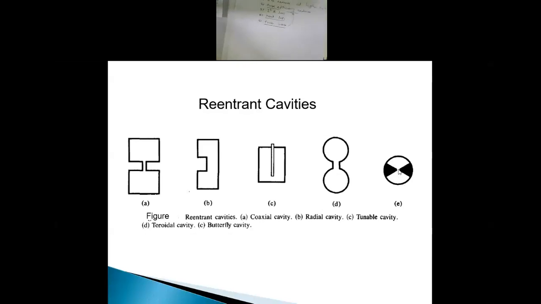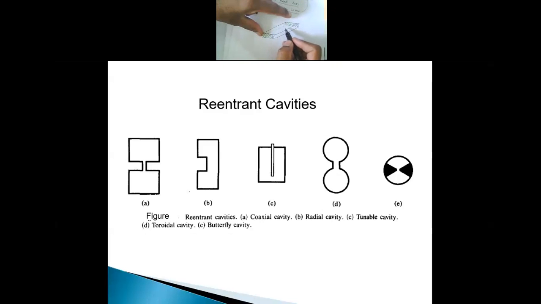Now generally, what does a cavity mean? We have seen a rectangular waveguide. If you close both ends of a rectangular waveguide, this is nothing but a cavity.